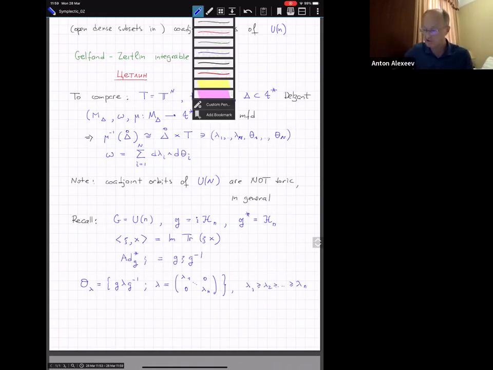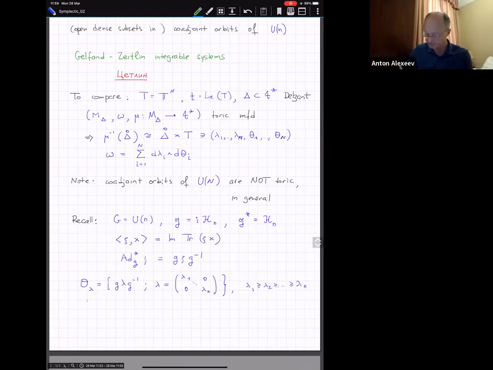So this means that actually the coadjoint orbit is the set of Hermitian matrices with fixed eigenvalues.